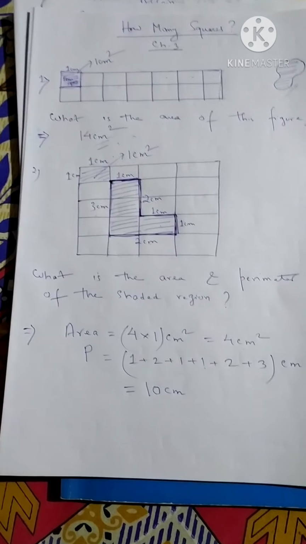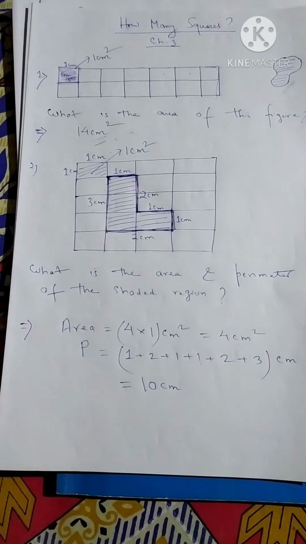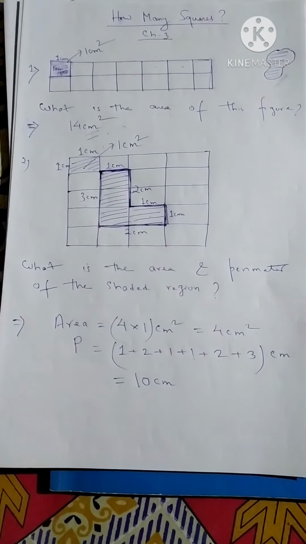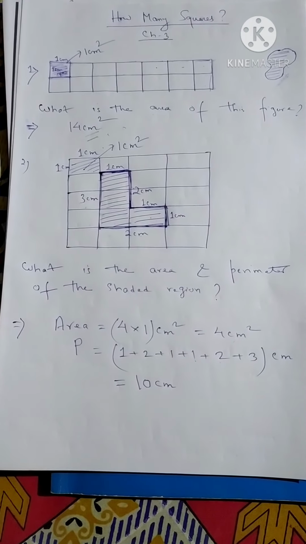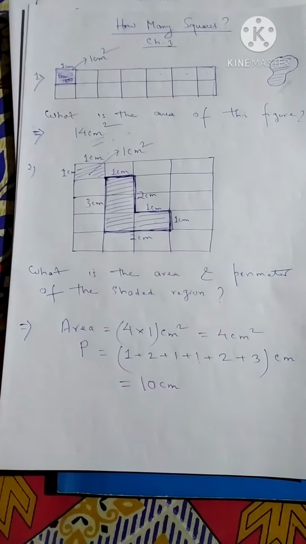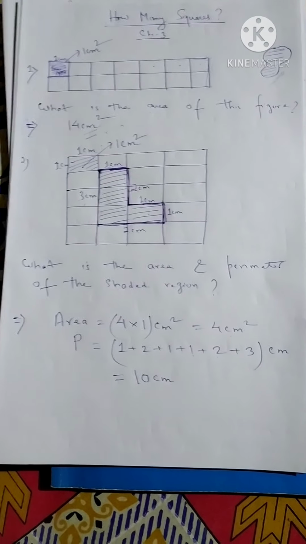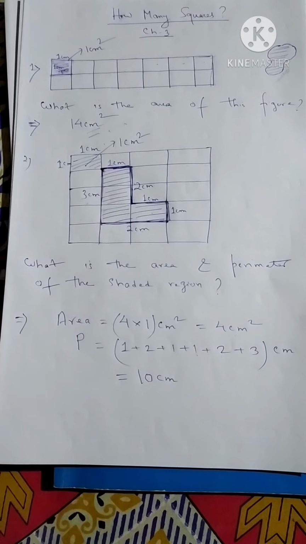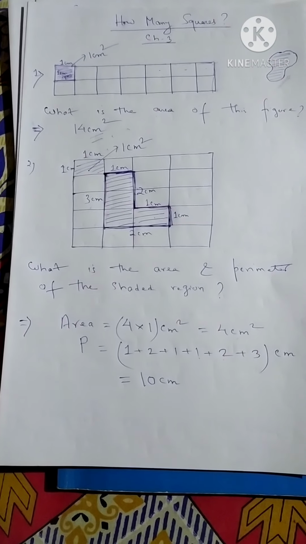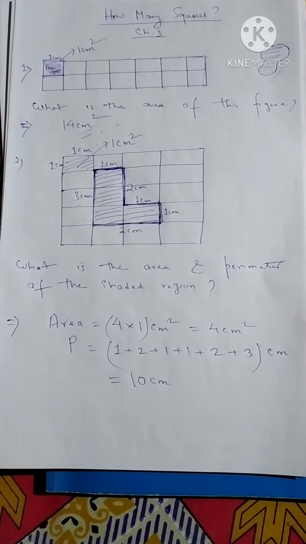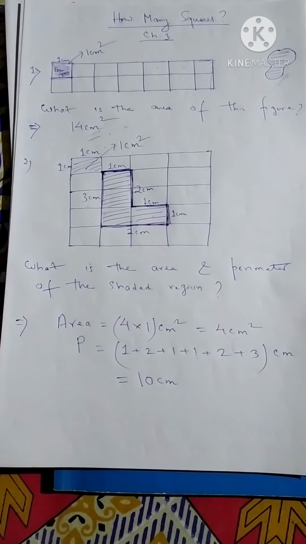So those who have written acute angle triangle, no marks will be given, because in the question it is clearly mentioned, define acute angle and right angled triangle. So only the acute angle definition you have to write down. But in most of the copies I have seen, you have written acute angle triangle. In that case, no marks.